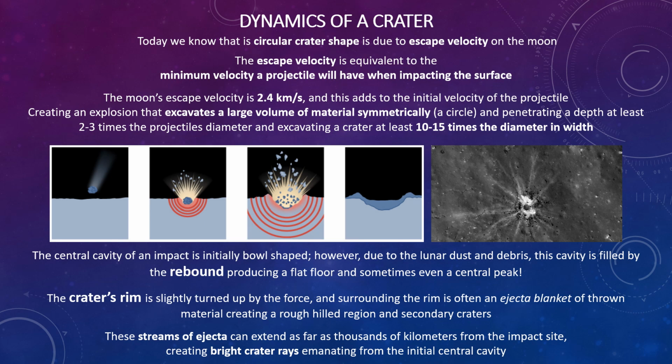We now know today that the circular shape of craters is due to the escape velocity of the moon. So the escape velocity is equivalent to the minimum velocity a projectile will have when impacting the surface. The moon's escape velocity is 2.4 kilometers per second, and this adds to the initial velocity of the projectile, which results in an explosion that evacuates a large volume of material perfectly symmetrically.